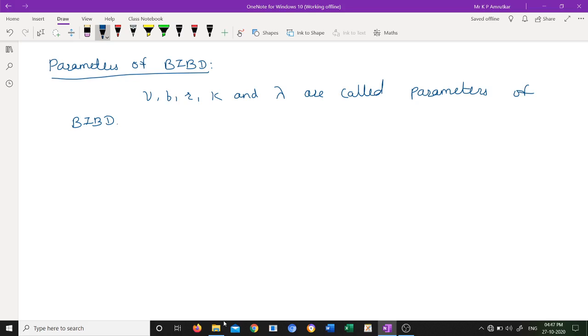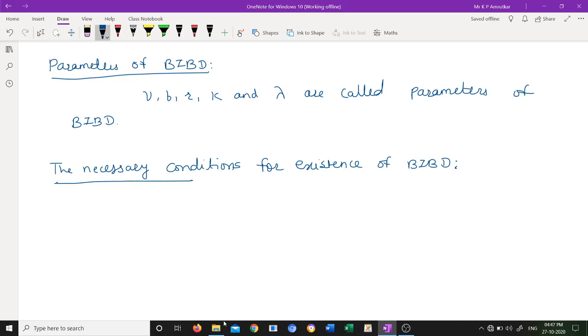Now the necessary conditions for existence of BIBD. Whatever conditions we are going to see, these conditions are necessary for existence of BIBD.